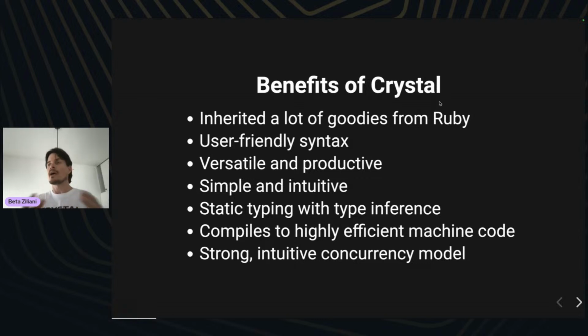In other languages, for instance, sometimes you need to write a lot of boilerplate code to get the same idea across. And we say that Crystal is versatile because you can code all sorts of things with it. We have several web frameworks in Crystal. We even have a kernel for an operating system.